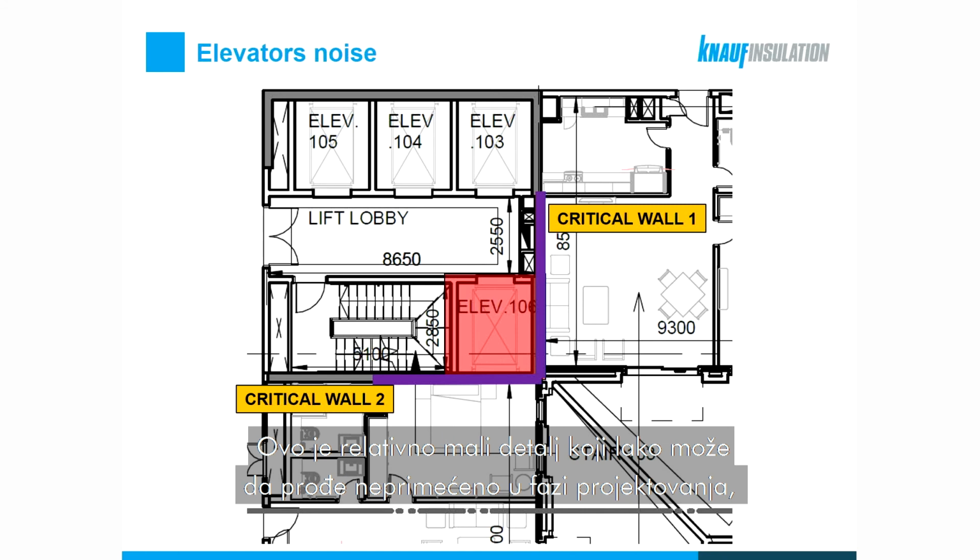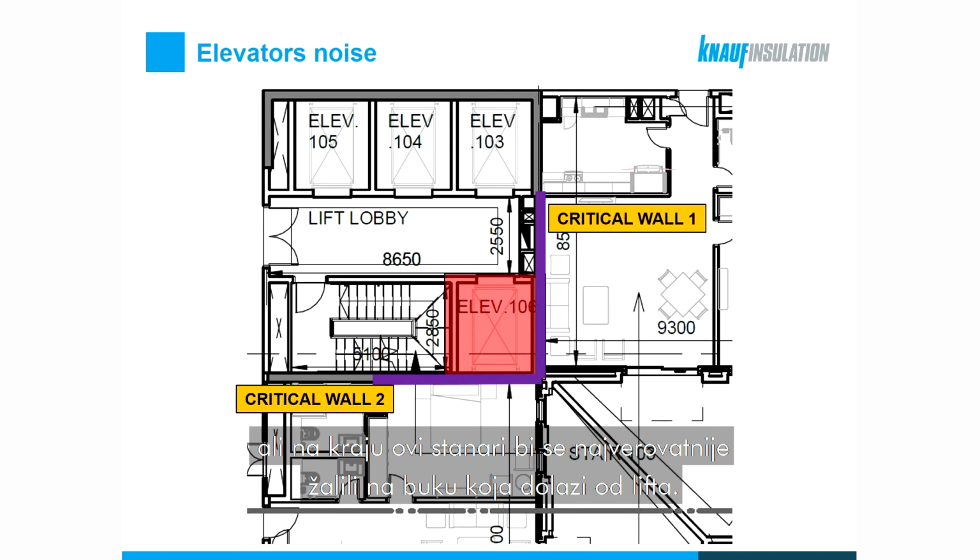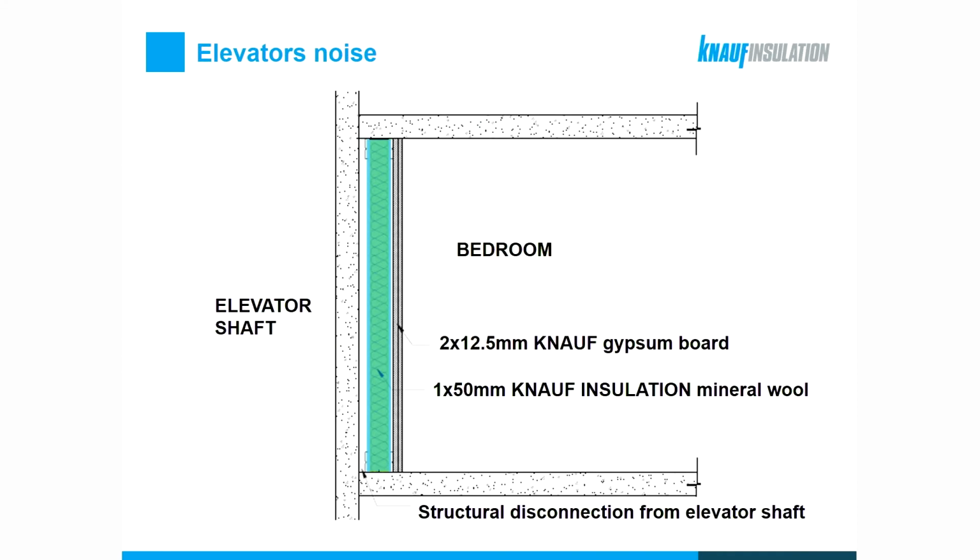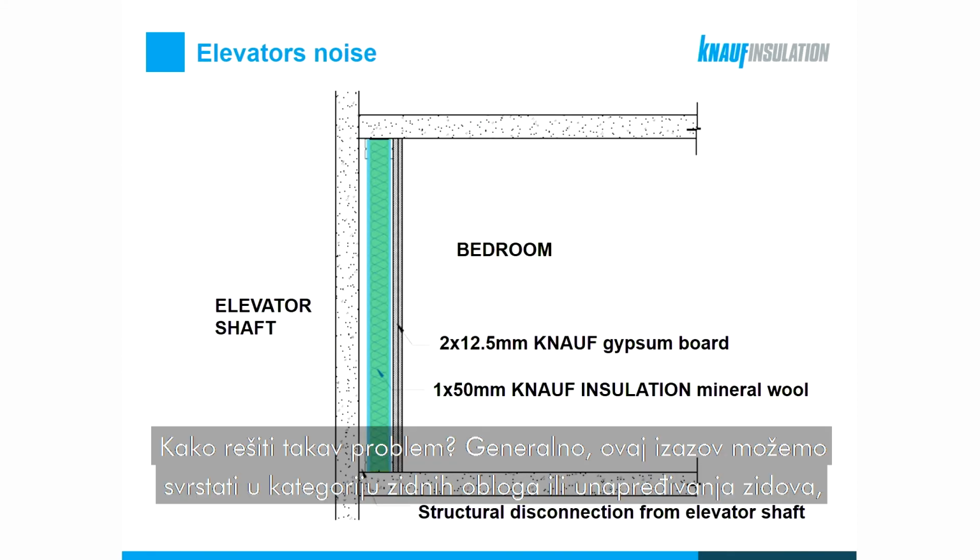So this is something which can pass relatively unnoticed during the design stage, but in the end, if this building opens, the tenants would most likely complain about the noise coming from this elevator. So how to solve such a problem?